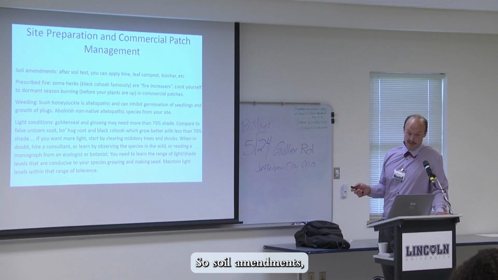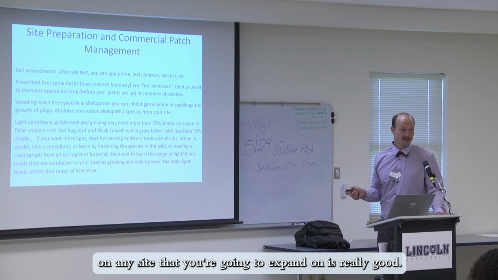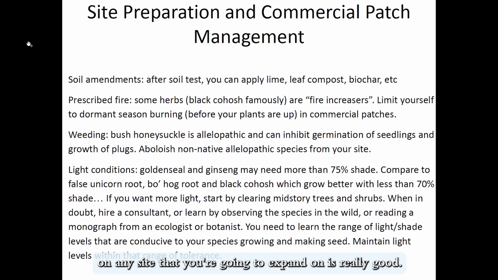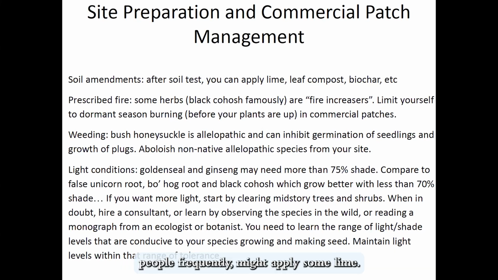Okay, so soil amendments. I think doing a soil test on any site that you're going to expand on is really good. People frequently might apply some lime. I might have recommended to Lindy at Ozark Mountain Ginseng to put a little dolomitic lime on the ginseng we saw in the video yesterday. Leaf compost, biochar, these are all things that people do.